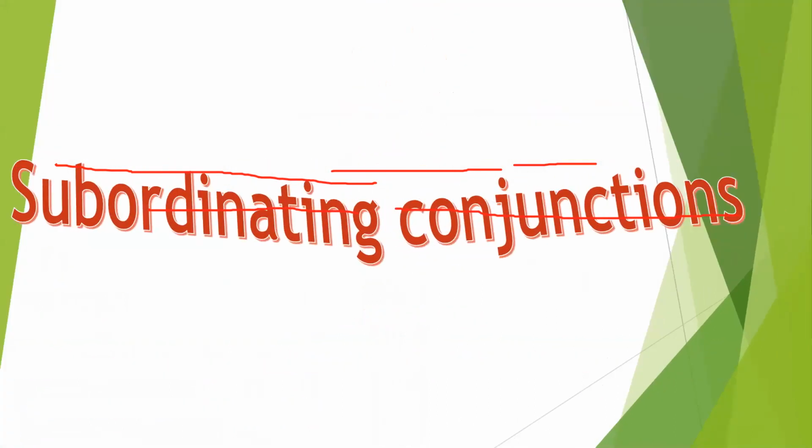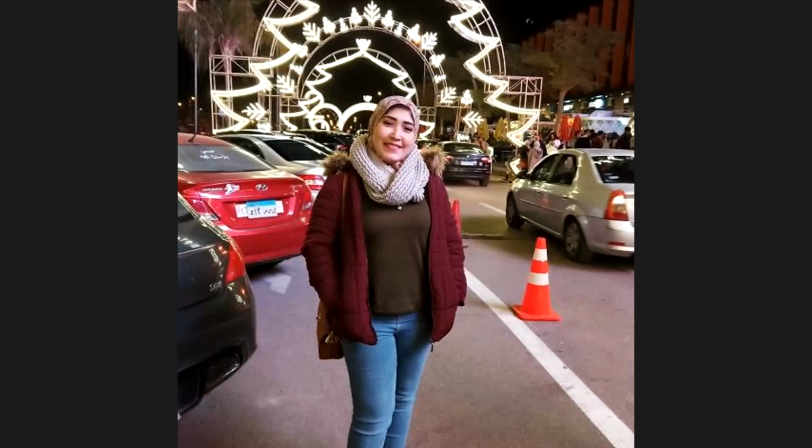Subordinating conjunctions, and this is our focus here. But before we get to subordinating conjunctions, I want to give you something called types of sentences before we get to know the conjunctions. So, types of sentences. Let me explain this to you. How many types of sentences do we have in English? We have number one, simple sentence.